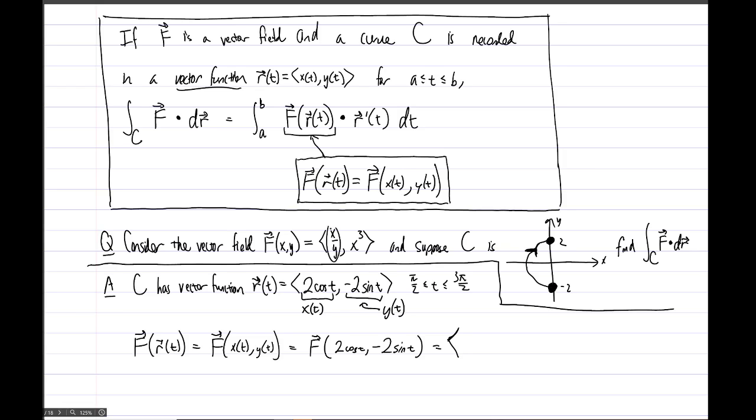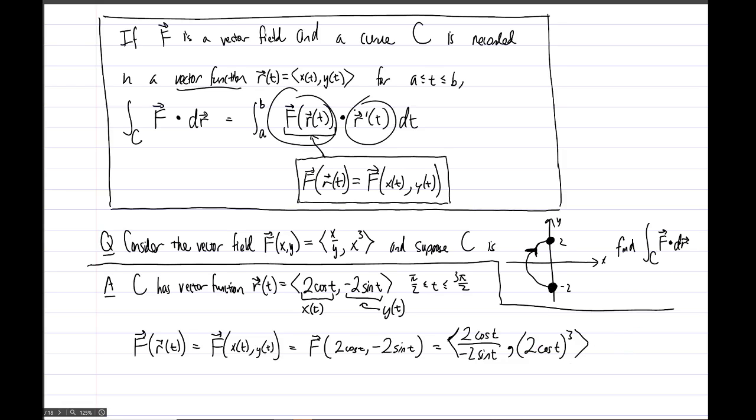remember this is x, this is y. So we'll have 2 cosine of t over -2 sine of t, comma, and then we have x cubed right there. So that's going to be 2 cosine of t quantity cubed, close angle bracket. So that's this part.